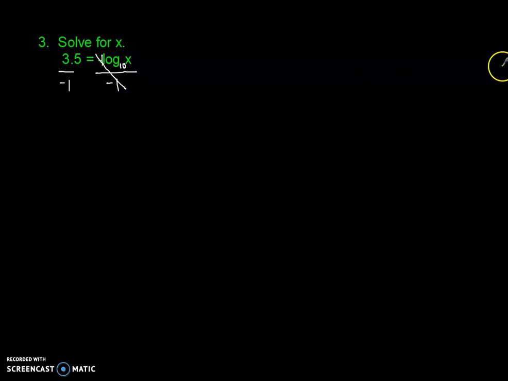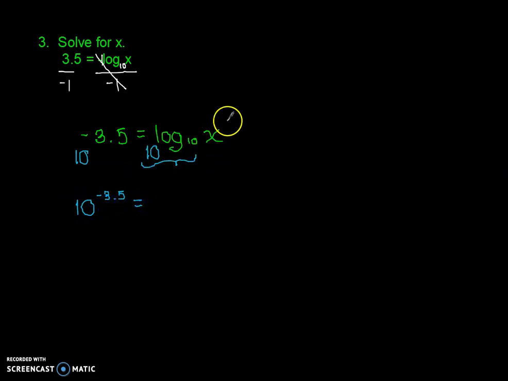That gives me -3.5 equals log base 10 of x. In order for me to get to x, I need to get rid of this log base of 10, so I am going to give it an exponential base of 10. Whatever I do to one side, I do to the other. So this becomes 10 to the negative 3.5 power equals x, since the exponential and log of the same base are gone, leaving you with just x.